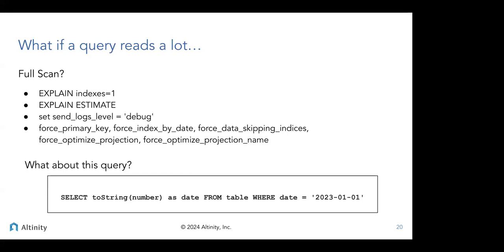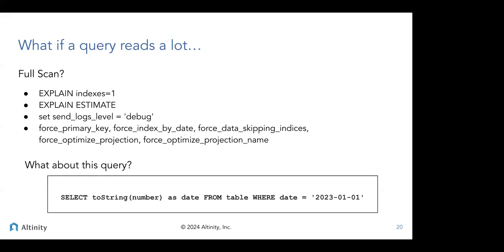ClickHouse is so good at full scans that, especially on synthetic data on staging, you don't feel that it scans a million rows and there is some problem. But once the data grows in production, it becomes a problem. So doing full scans is not an option. You just need to use some indexes.